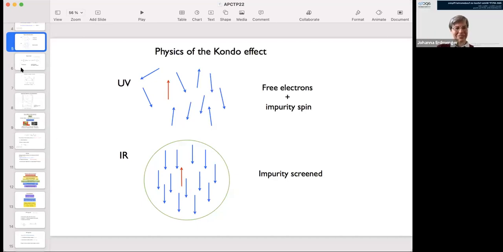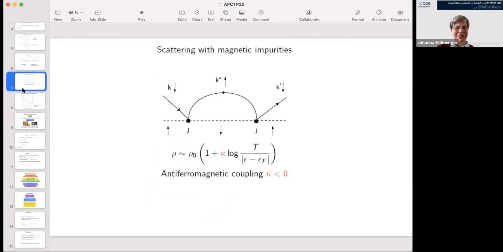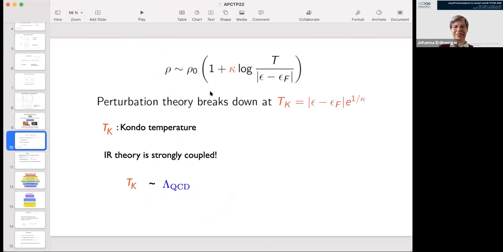Okay, yeah, good question. Okay, so I think this temperature really happens in this perturbative picture. Okay, so Kondo in 1964 just used perturbation theory.